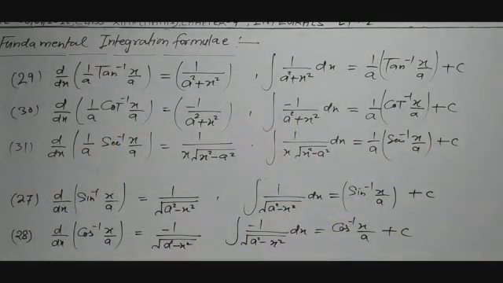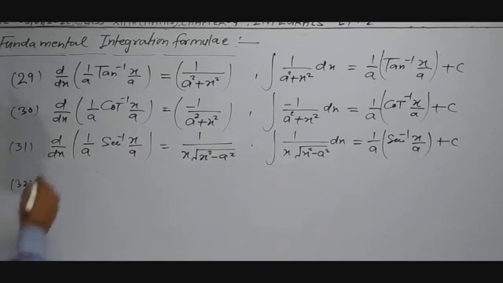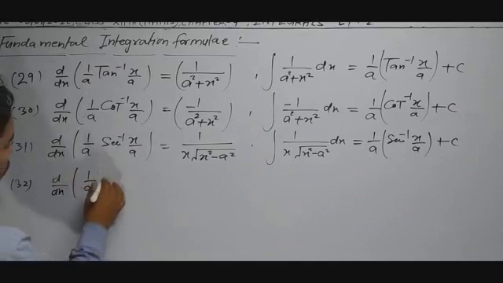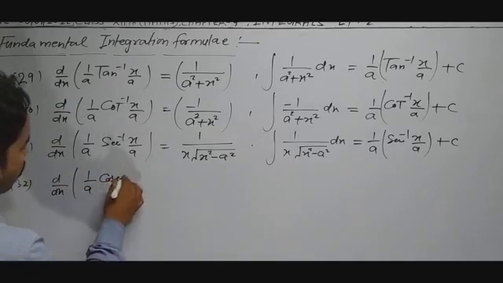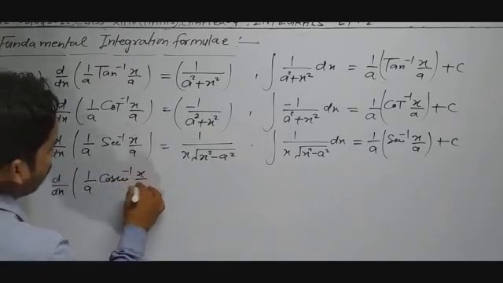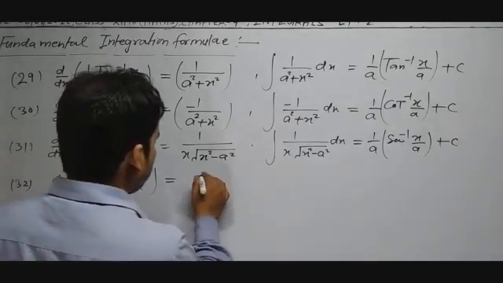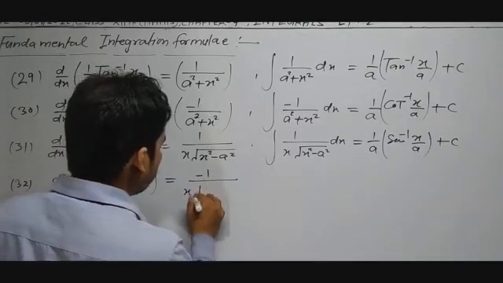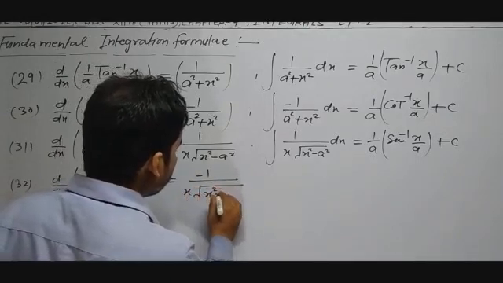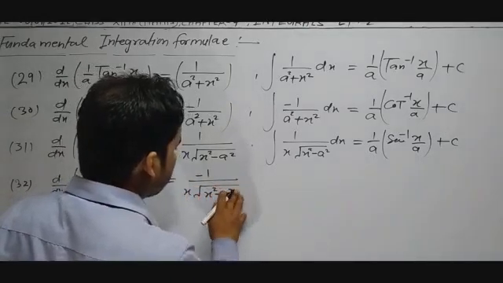So now come to formula number 32. Formula 32 is d by dx of 1 by a cosec inverse x by a is equal to minus 1 upon x root over x square minus a square.